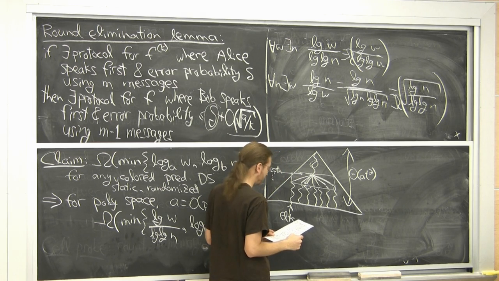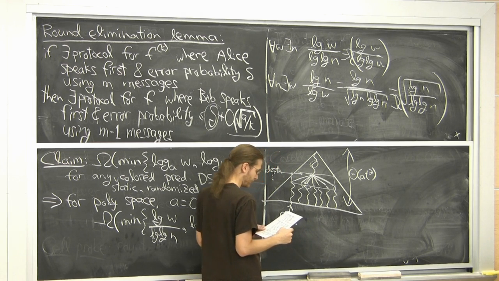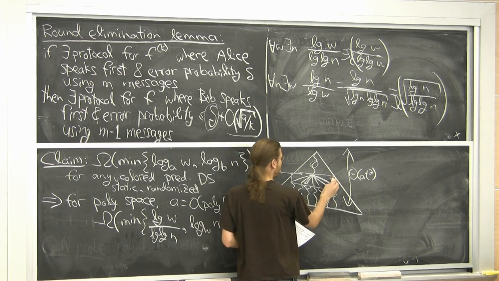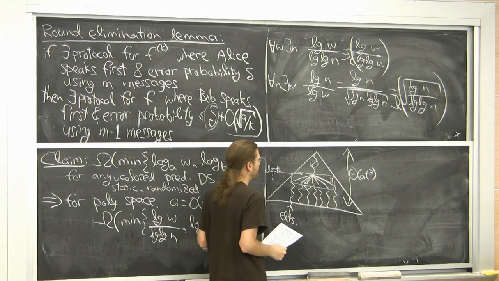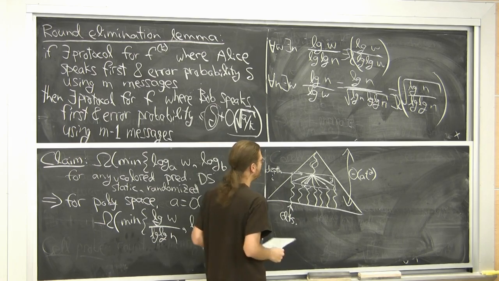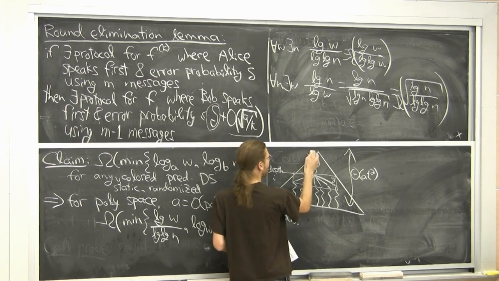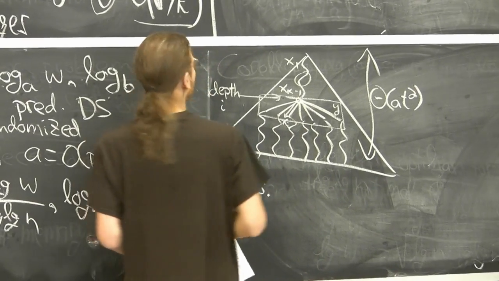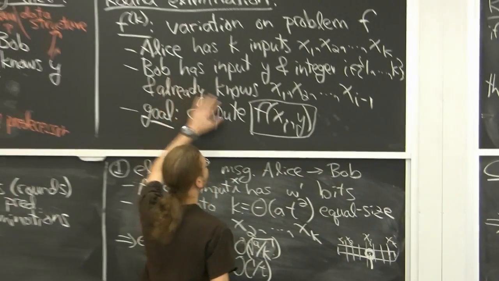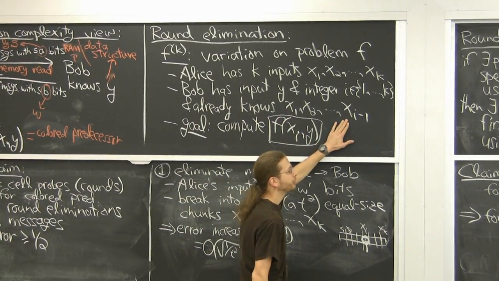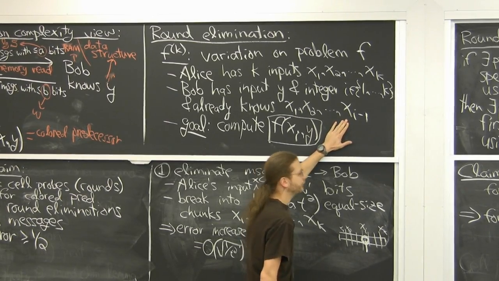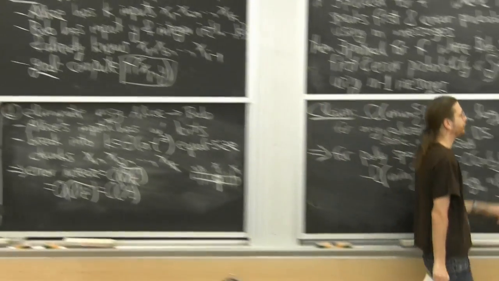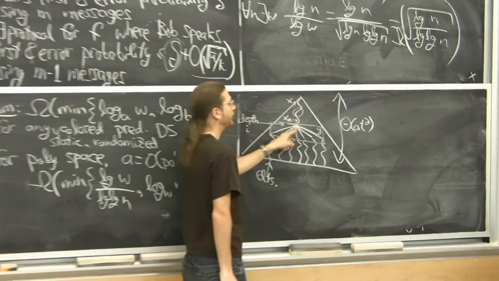Okay, depth i, a t squared. I guess you can think of this as y. That's the part that Bob knows. These are in some sense x1 up to x_{k-1}. And this is why we had to say over here that Bob already knew x1 up to x_{i-1}, because Bob already knows the shared prefix among all the items.